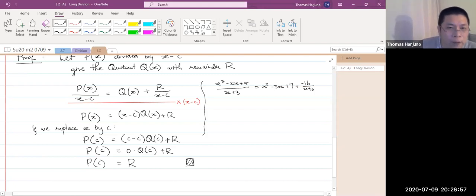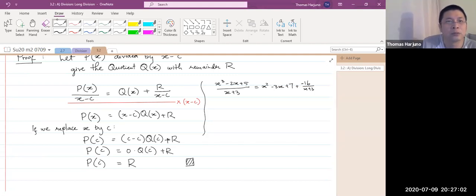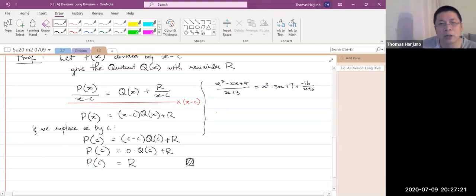Now the thing is, we can find the remainder quite fast using synthetic division. So that's how we are able to use the remainder as the value of the polynomial at c. Borrowing the example we have earlier, x cubed minus 2x plus 5 equals x plus 3 times x squared minus 3x plus 7, minus 16.